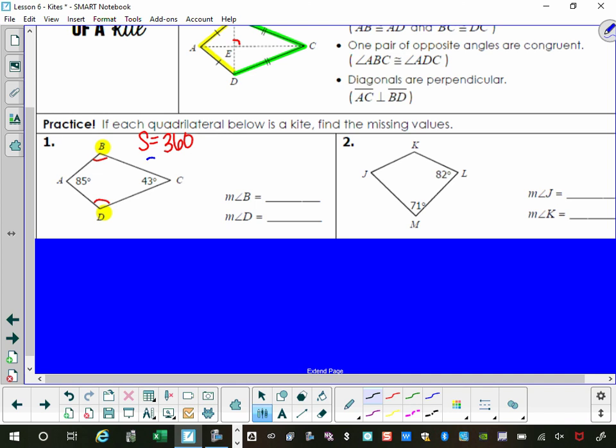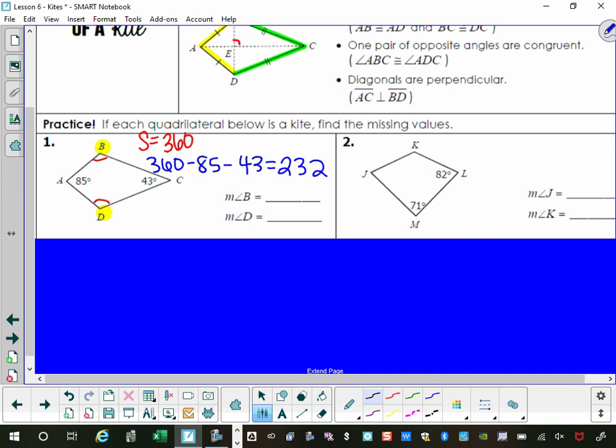360. Alright, so let's do 360 minus 85 minus 43, and what do you get? 232, right? So that means that those two angles total 232. How can I figure out what each angle is going to be? Divide that by 2.